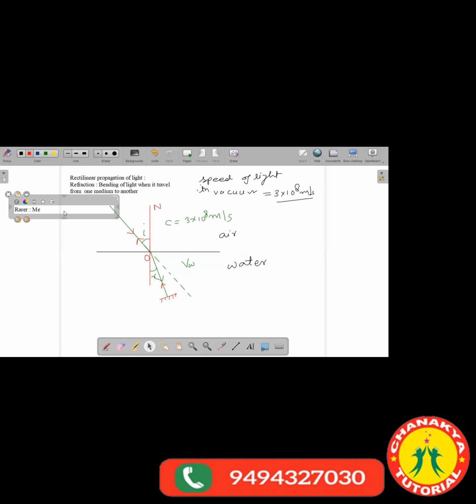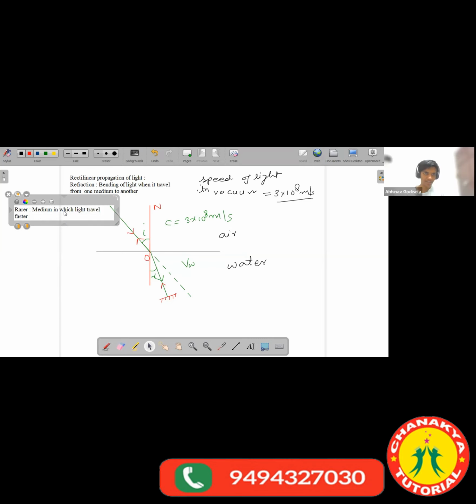So the medium in which light travels faster, in this case obviously air, is the rarer medium. Okay. So the medium in which light travels faster will be the rarer medium.